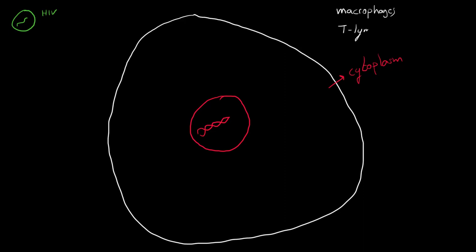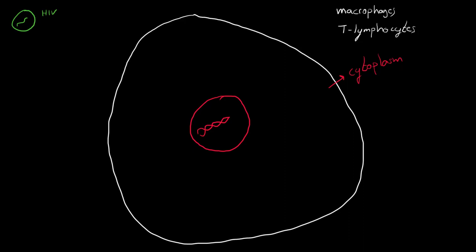These are cells that are responsible for starting and coordinating your immune response. There are many types of T lymphocytes, and the type that is very much affected by HIV is the T helper cells. But these are cells that we're going to talk about in another video. This is just to give you the idea of some cells that HIV likes to bind and attach.